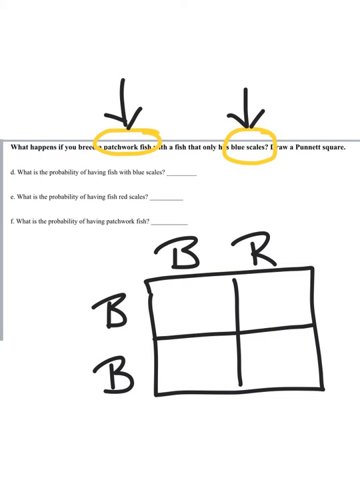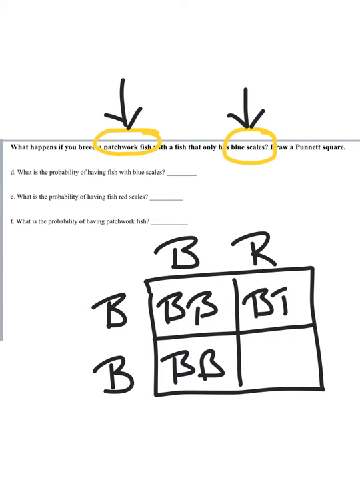So now when we fill in the Punnett square, we have BB and BB. We have BR and BR. Okay? So analyzing this, the question then is, what is the probability of having a fish with blue scales?